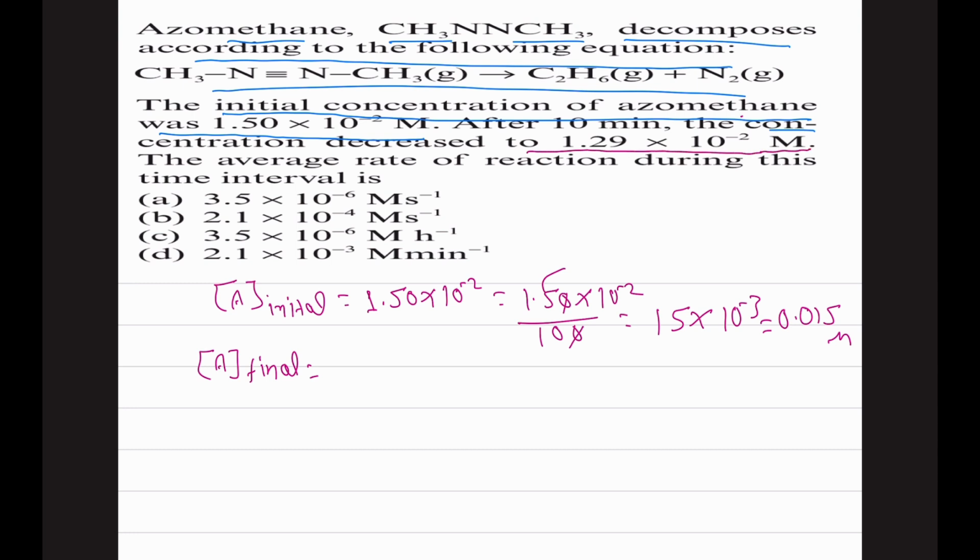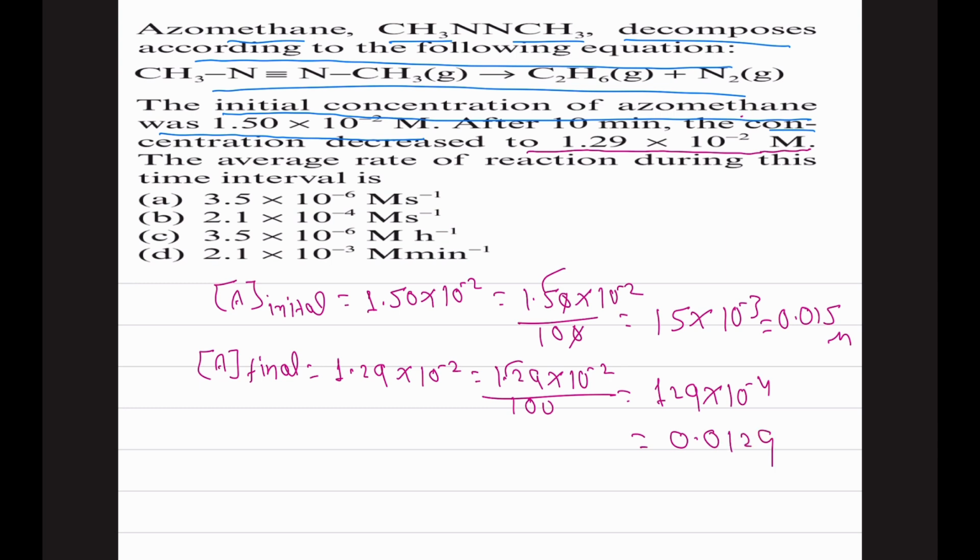So final I am writing 1.29 into 10 to the power minus 2, which is 129 into 10 to the power minus 4, so 0.0129 M. This is the final.